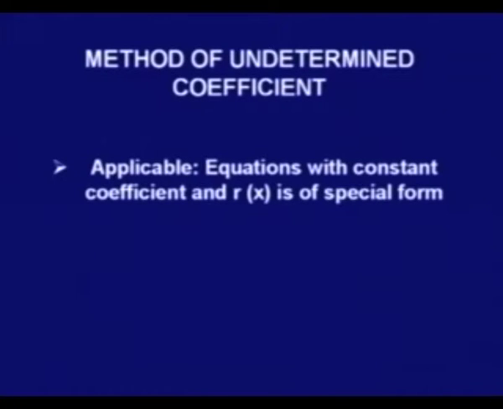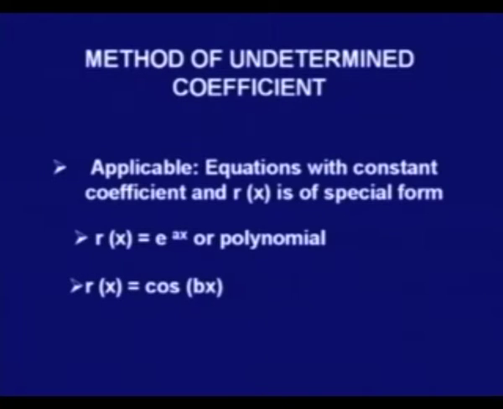That special form is either R(x) is of the form e^(ax), or a polynomial, or it may be a function of cosine or sine, something like that. Only then is this method applicable. Now, let us learn what this method is. This method says that if R(x) is of a special form, I would choose that particular kind of yp.